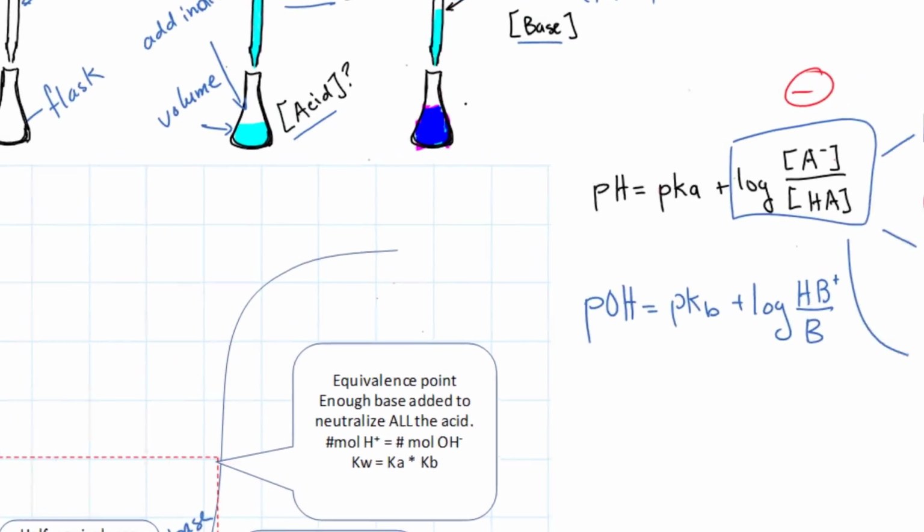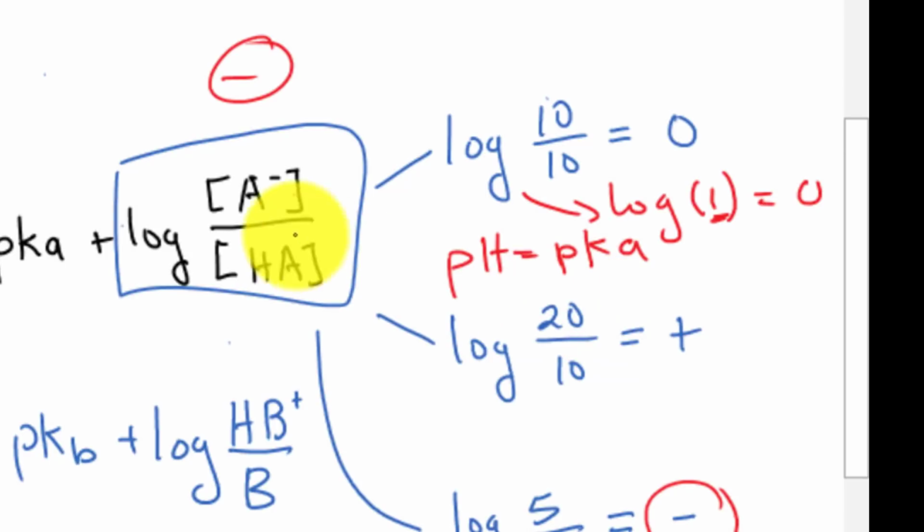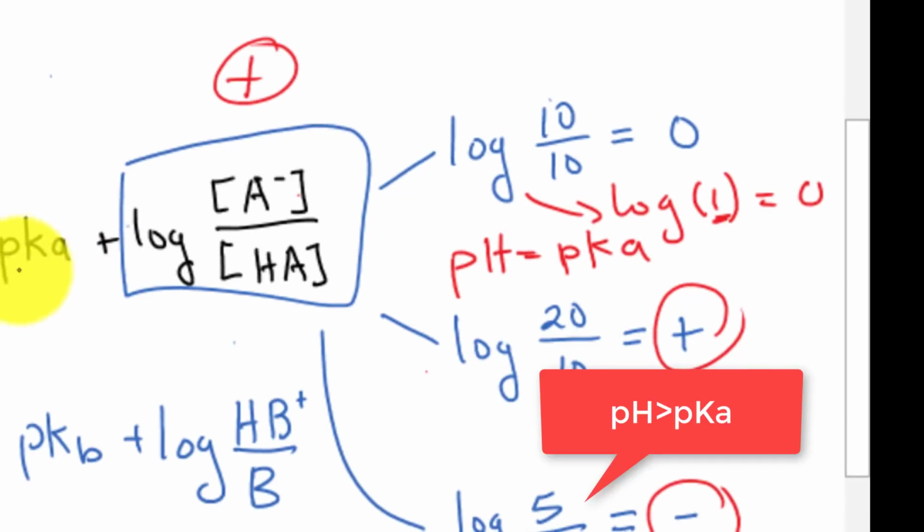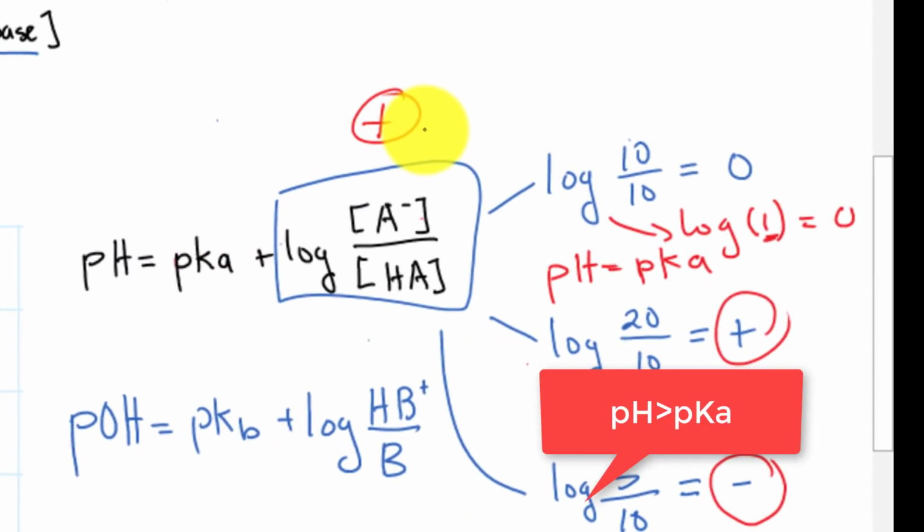Just plug it in. Assuming that the concentration of the base is greater than the acid, I give myself 20 over 10. If you plug this into the calculator, it gives us a positive number. Now, if this is a positive number, we have a number plus a positive number. In order for both sides to be equal to each other, the pH must be greater than your pKa.